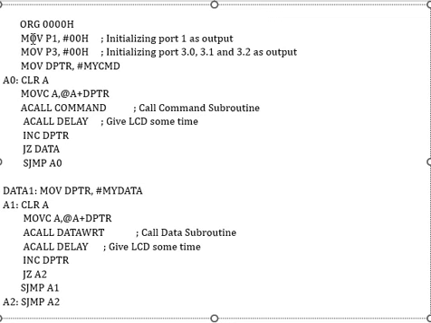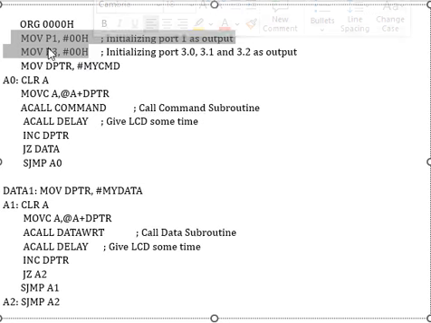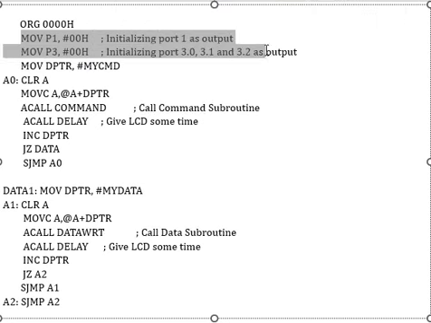So if you check out over here, we have initialized port 1 as output by sending 00 hex. Similarly, for port 3 we have sent the value 00 hex, which will initialize both these ports as output ports. And if you send 0FF hex instead of 00 hex, we know that it will act as an input port.